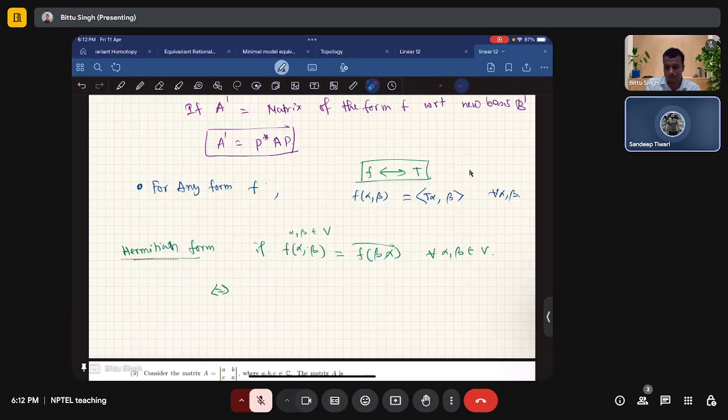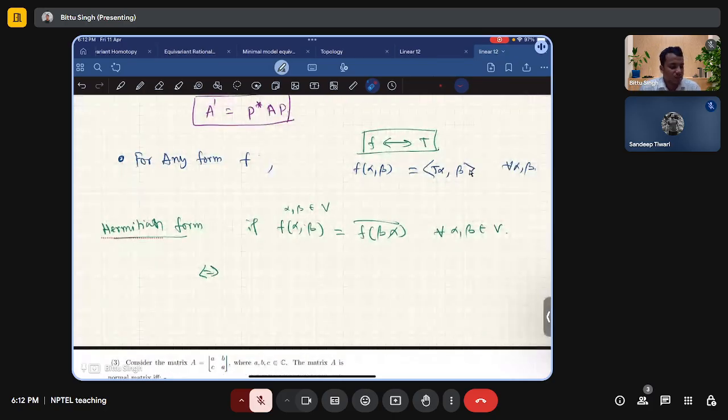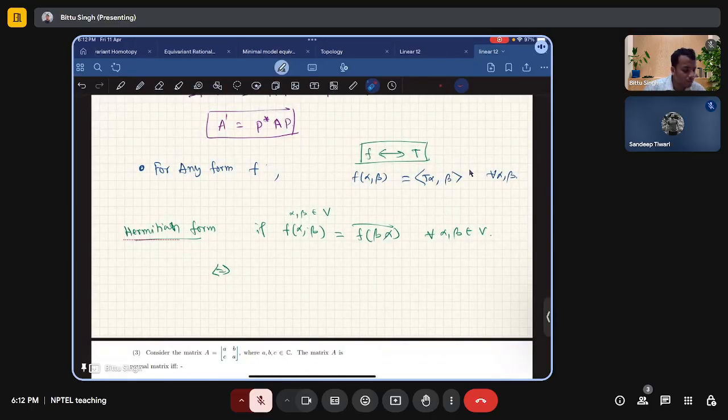Sir, how can we relate a bilinear form with this linear transformation? That can be proved using the Riesz representation, right? It is directly obtained from the representation lemma. You know that given any linear functional phi from V to K, it can be written as phi of v equal to v comma w.